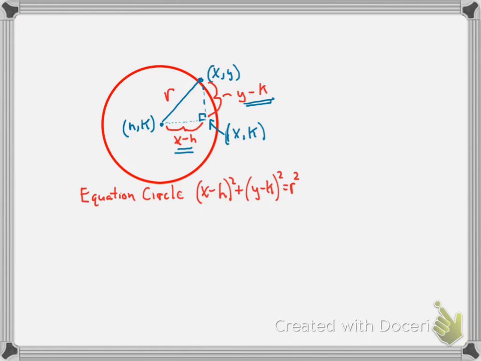If we label the radius of the circle as r, then by the Pythagorean theorem, every point on that circle must satisfy (x minus h) squared plus (y minus k) squared equals r squared. And this equation is the equation of a circle centered at (h, k), radius r.